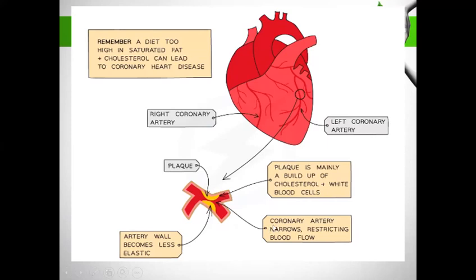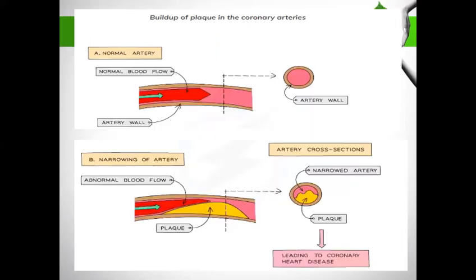You can see here, the coronary artery narrows, restricting the blood flow. So if there is a blockage in the coronary artery, then it becomes narrow, and it restricts the smooth flow of blood. You can see another diagram. See, buildup of plaque in the coronary artery.